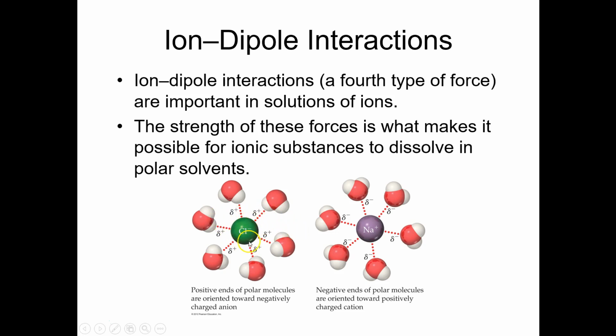The chloride ions get hydrated by the water molecules, in which the partially positive ends of the water molecules align themselves with the negative chloride atom. The sodium atoms get solubilized because the partially negative sides of the water molecules align themselves with the positively charged sodium atom. So that is called an ion-dipole interaction.